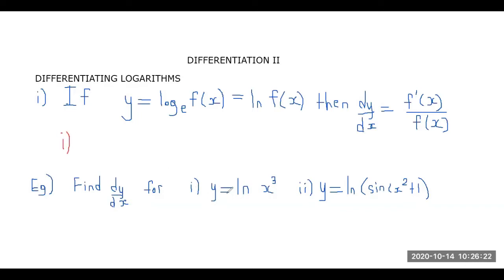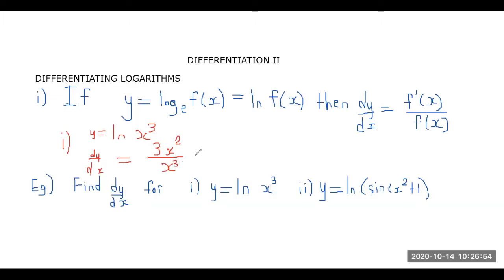If y is equal to ln x cubed, then dy dx is equal to f prime of x, which is when you differentiate x cubed, you get 3x squared, bring down the power 3, subtract 1 from the power, divided by x cubed.